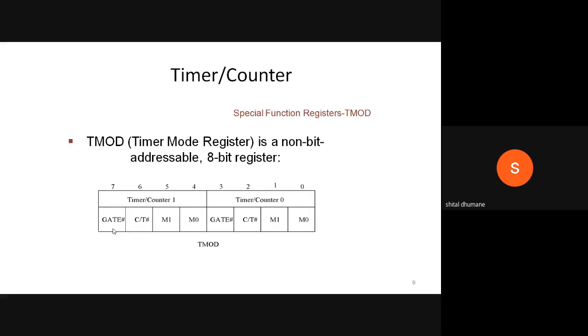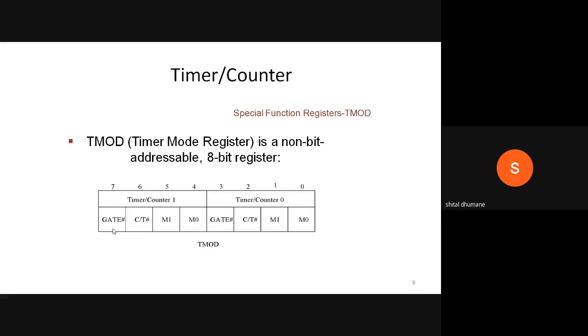So this gate bit is actually associated with the starting and stopping of your timer. I told you the software way: you can start and stop the timer with the help of the TR bit in your TCON register, by setting and clearing that particular bit.